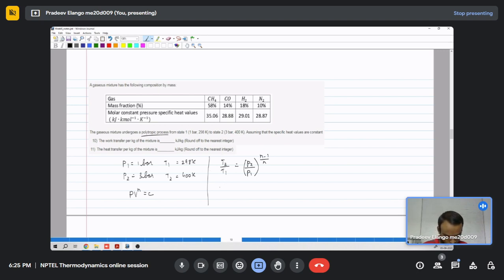So T2 by T1 is 400 by 298, equal to P2 by P1, that is 3 by 1, the whole to the power n minus 1 by n. If you take log on both sides, you will have log of 4 by 3, approximating 298 to 300, equal to n minus 1 by n into log of 3.